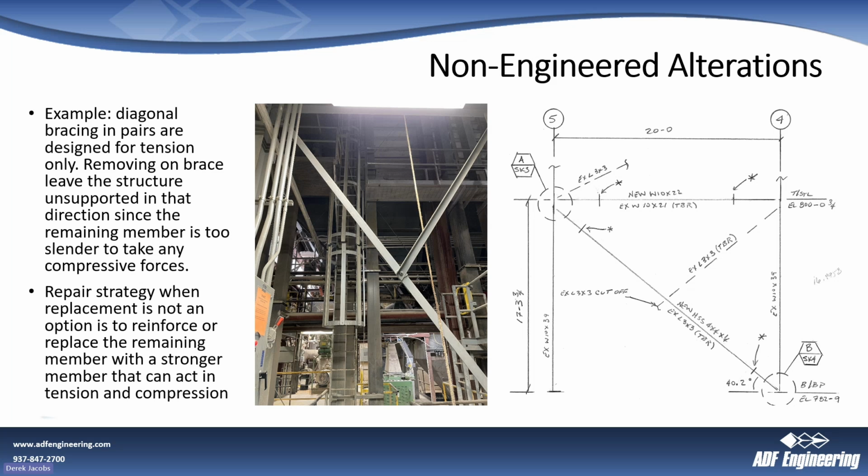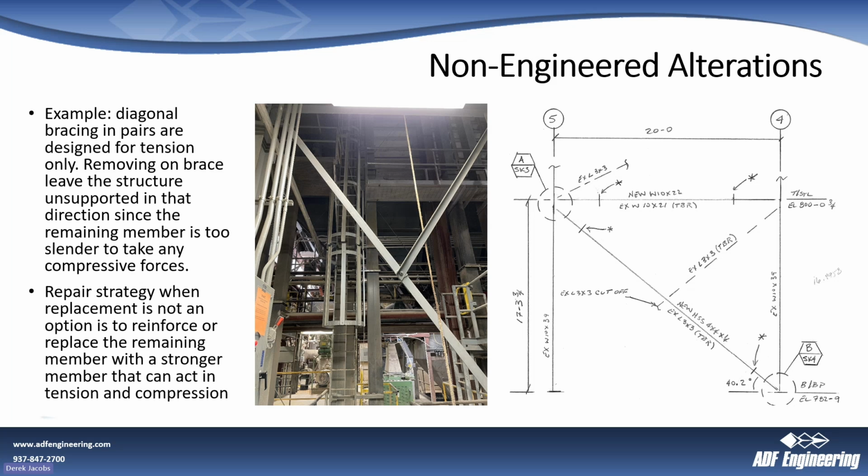The one thing you need to understand with these is when they design these cross braces, both sides are only designed for tension. So when you remove one, the other one is still good in one direction, but if the wind blows in the other, it doesn't have enough strength to take any compressive force. So you're essentially taking away half the support of your structure.